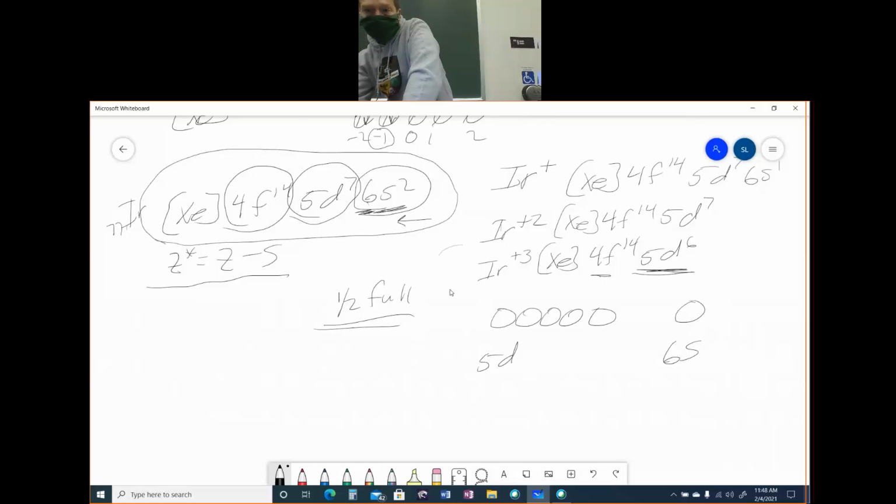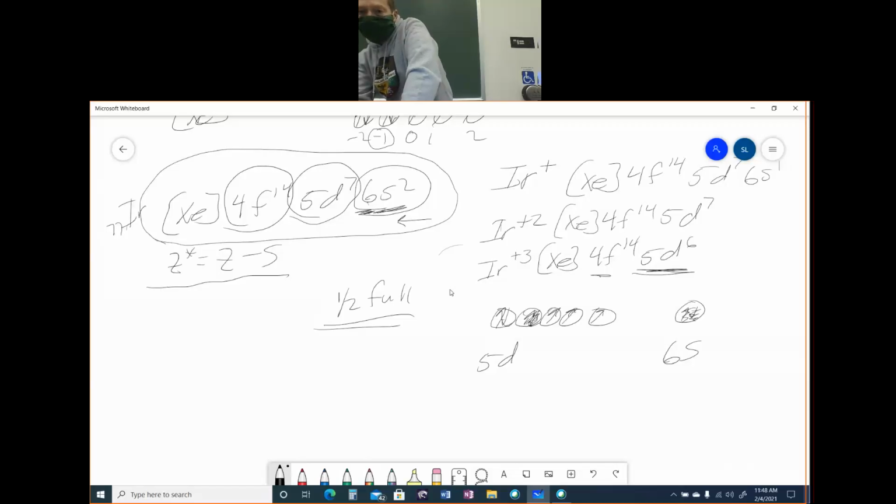If we go back to the neutral one, you got your 7 electrons in here, and then you had your 2 electrons in here. We took out the first one for a +1, the second one for a +2, and then we take out a third one for the +3.